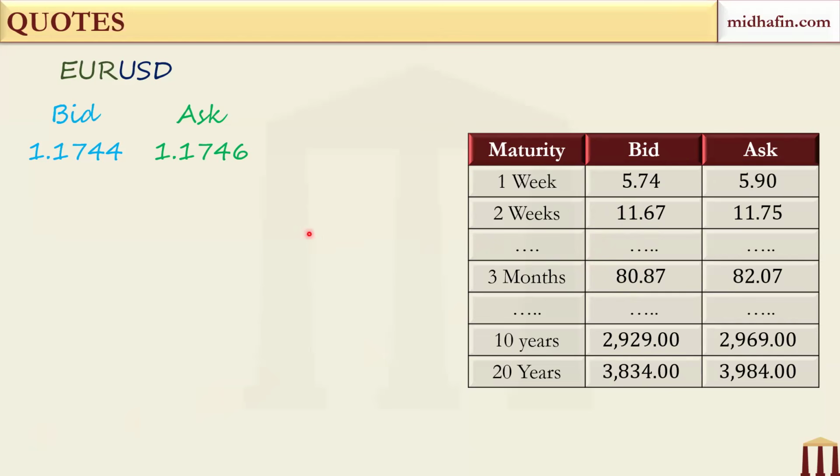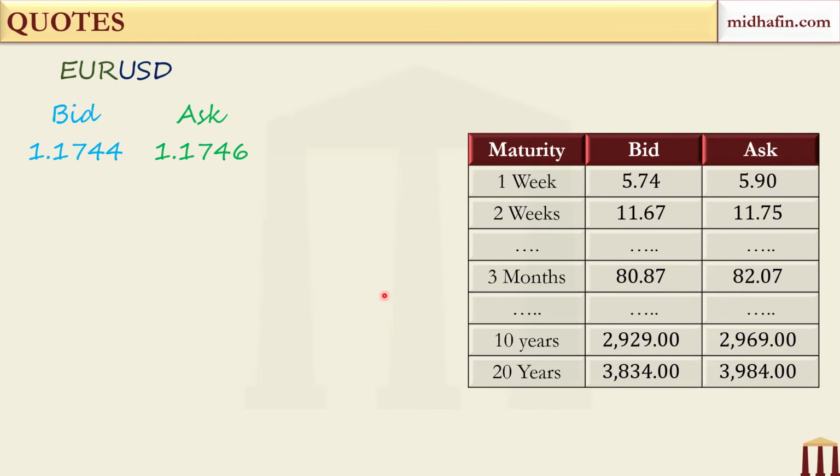Okay, so the bid price is given as 1.1744. And say for 3 months, the bid is 80.87 and ask is 82.07 in terms of points.